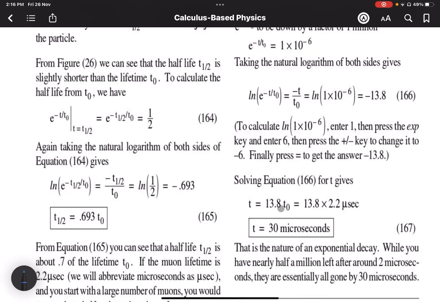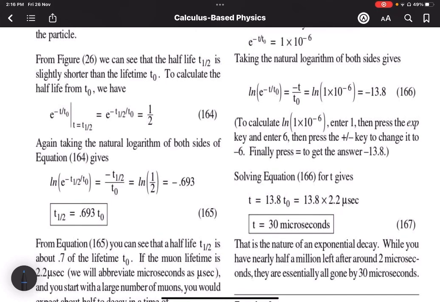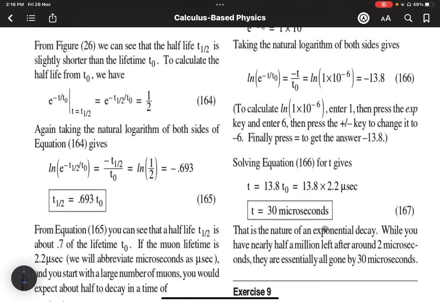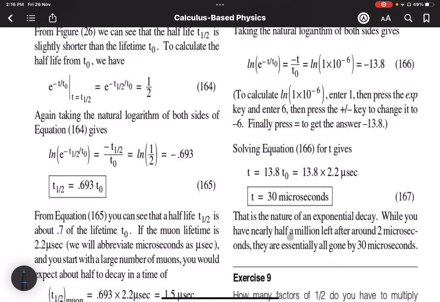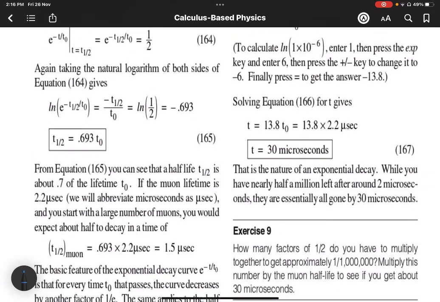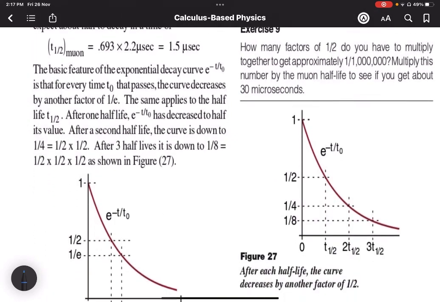It will give us 13.8 times the standard lifetime of 2.2 microseconds of the muons, and it will give us 30 microseconds. That is the nature of an exponential decay. While you have nearly 500,000 left after around 2 microseconds, they are essentially all gone by 30 microseconds. Or within 30 microseconds daw, isa na lang ang matitira doon sa particle.